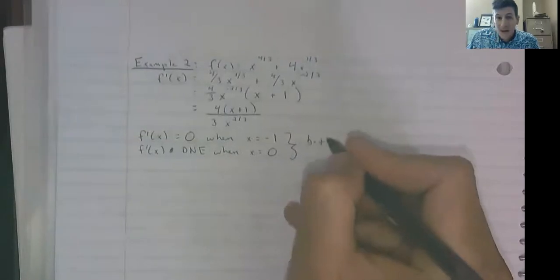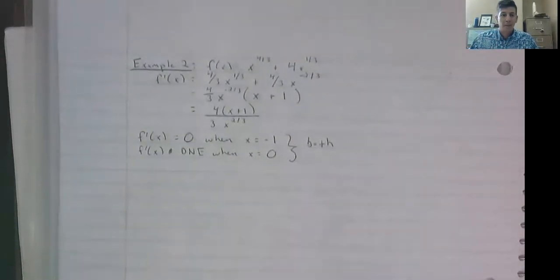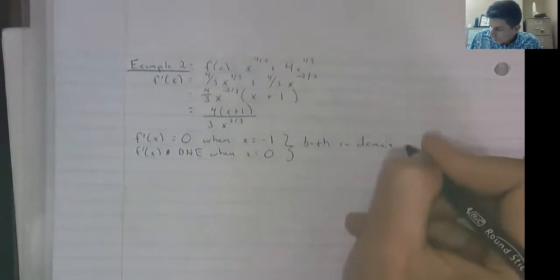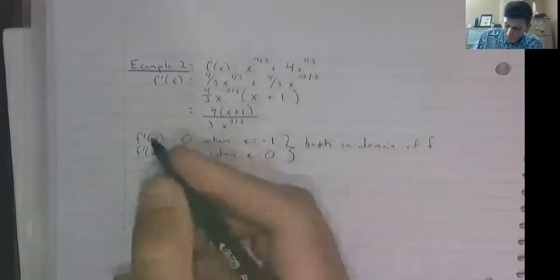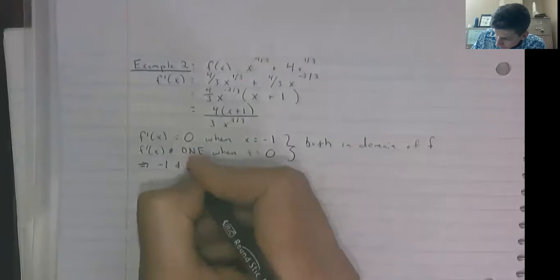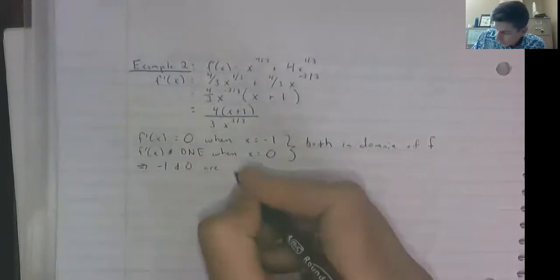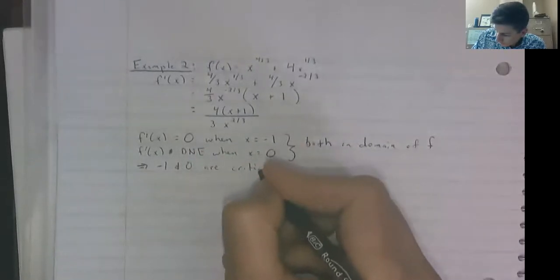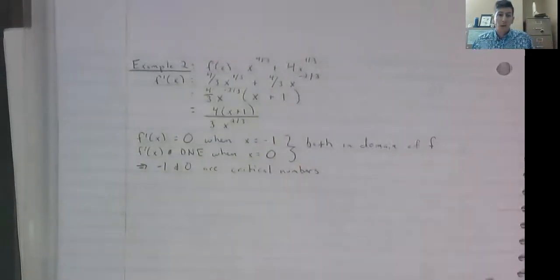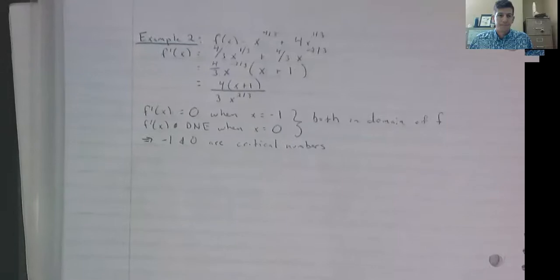If one of them had not been, that one would have been canceled out as a potential critical number. Both are in the domain of f, and therefore -1 and 0 are critical numbers. Cool. Try it out.